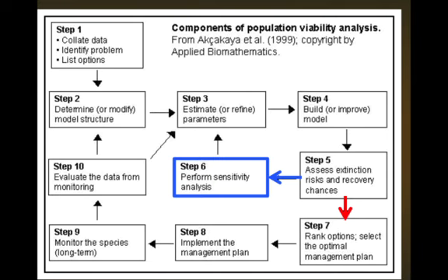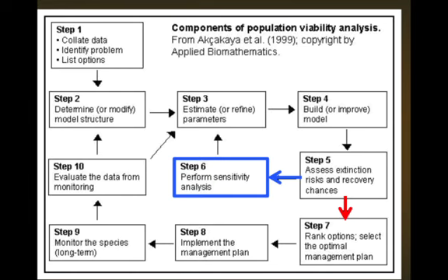Okay, so sometimes we do a sensitivity analysis with our model as well. In that case, we might go back then to step 3 and refine our parameters or our model based on having done a sensitivity analysis. And then we just go through again through step 4 and step 5 and then go down to step 7.